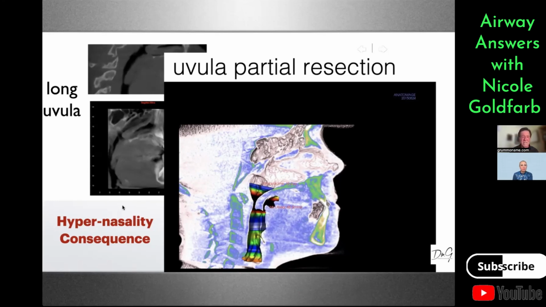So yes, there are cases we see where a long uvula might be observed. We're not going to touch it. We're going to do other things. But this person had hypernasality, which wouldn't be a surprise because you rely on that part of the soft tissue to go up and close off to have normal speech. So that was the biggest disadvantage and consequence of having done that.